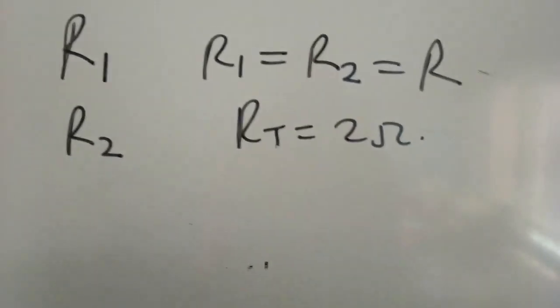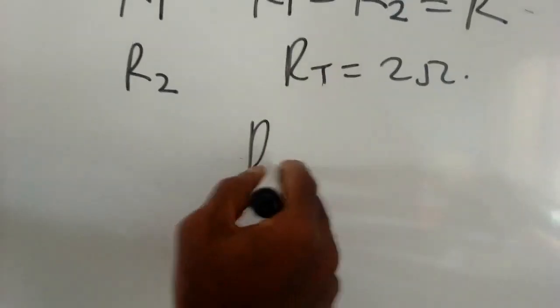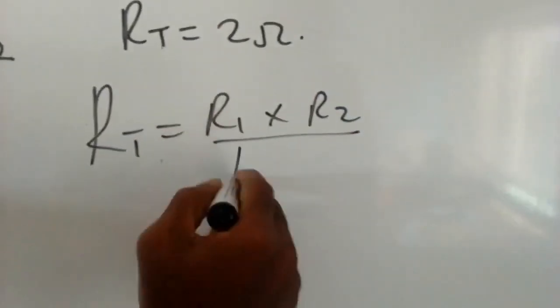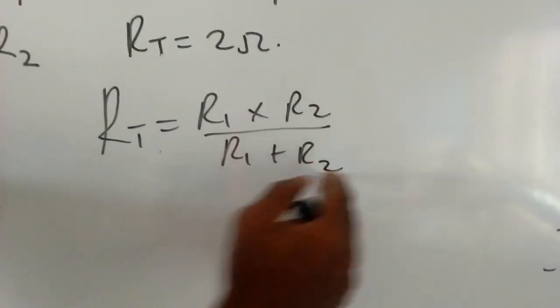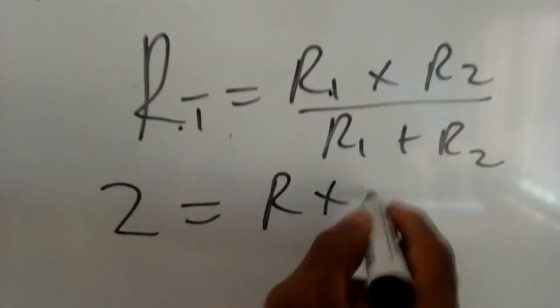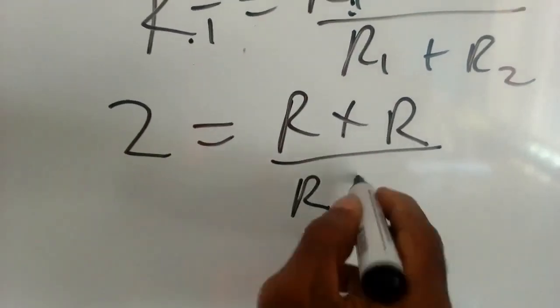Since this is a combination of 2 resistors in parallel, we can use R total equals R1 times R2 all over R1 plus R2. Total resistance is the net, that is 2. R1 is R, R2 is also R because they are equal, all over R plus R.